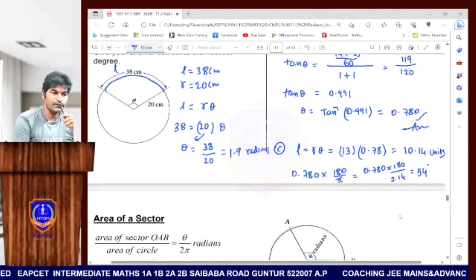Write down 54 degrees, okay? Then 54.17, is that correct?